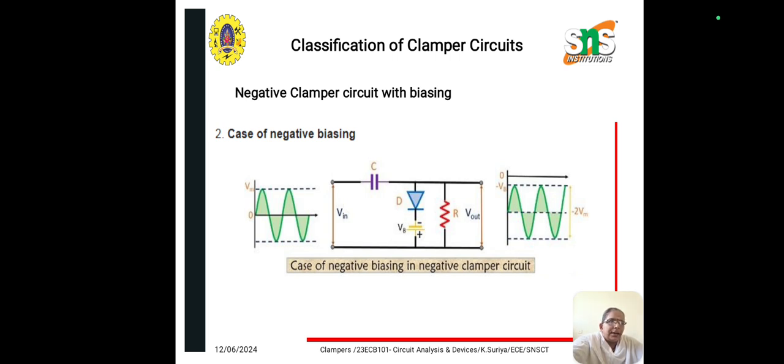So the diode current flows until the battery voltage is more than the AC input voltage. The time when AC input surpasses the battery voltage, the diode gets reverse biased and the capacitor discharges. So the voltage across the capacitor applies at the load.